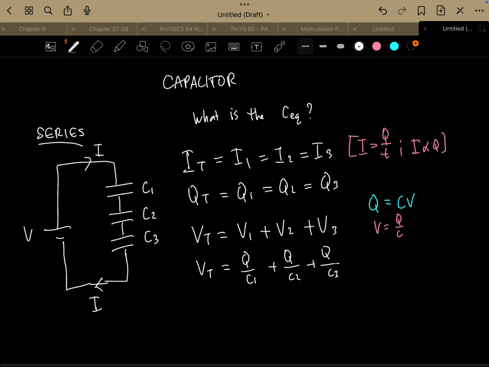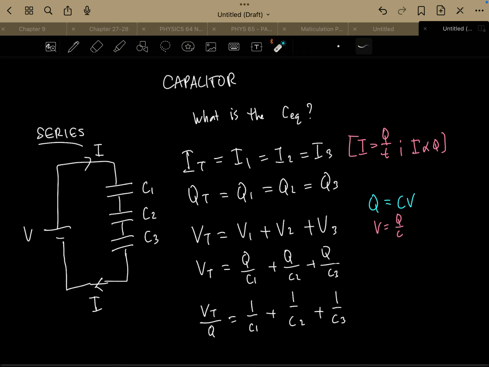And then I can take out the Q and move it to the other side. So basically, VT over Q is equal to this addition. And we know that V over Q is what?